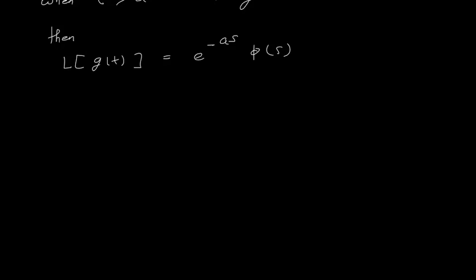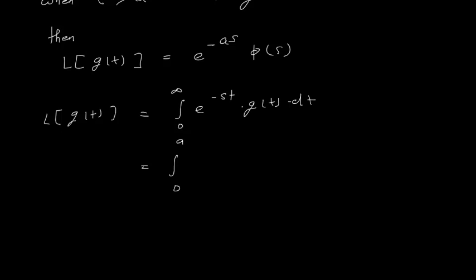Let us try to prove it. Now the Laplace of g of t, by definition, is the integral from 0 to infinity of e power minus st into g of t dt. Here I will split this limit: the integral from 0 to a of e power minus st into g of t dt plus the integral from a to infinity of e raised to minus st into g of t dt.